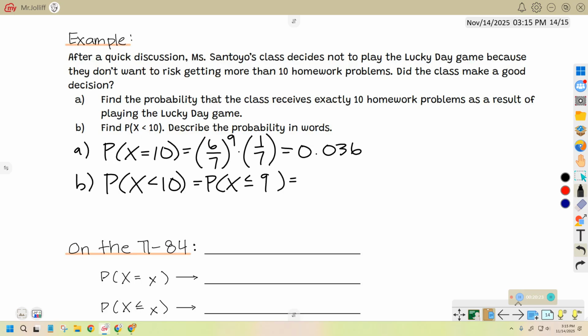So I'm going to use the formula. This is I won on the first trial, or I guessed correctly on the second trial, or I guessed correctly on the third trial, or all the way up to the 9th trial.